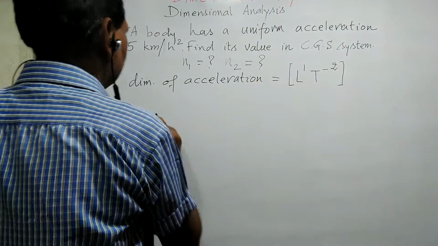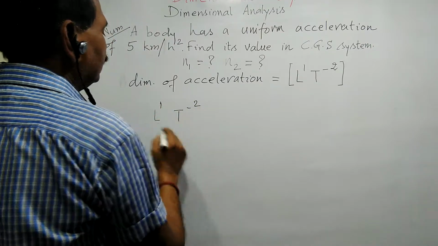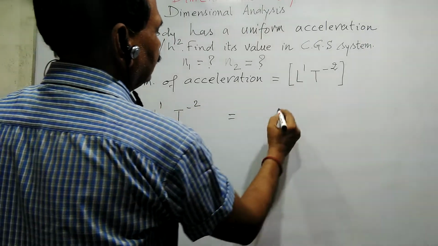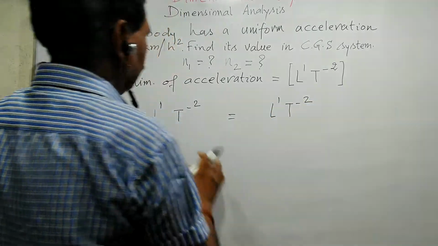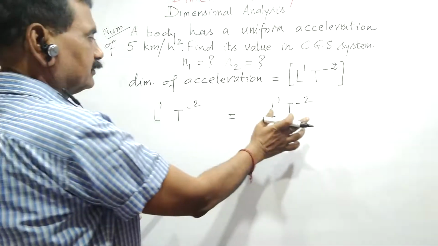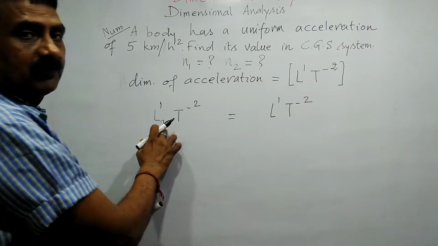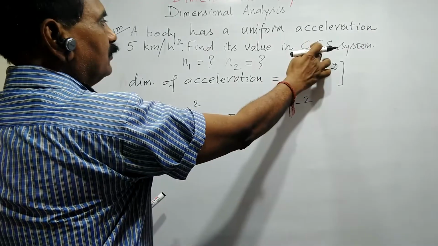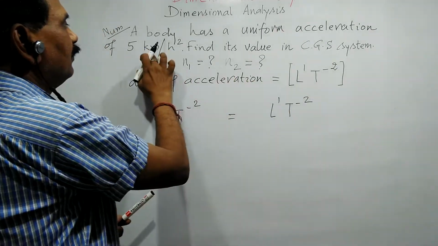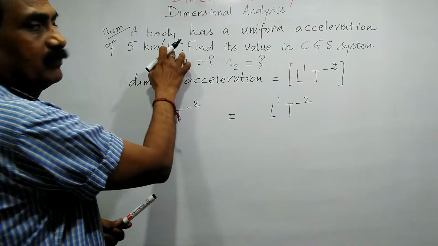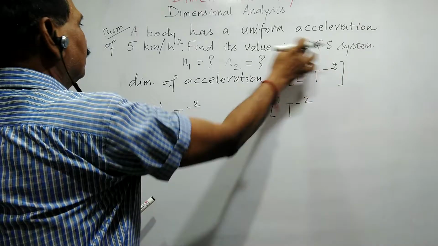So write down at first the dimension L1 T1 to the power minus 2, and again here L2 T2 to the power minus 2. The dimensions on both sides are the same. Then give it the system number 2. We have taken system number 2 as the CGS system, and the first system is the given value in kilometer per hour squared.